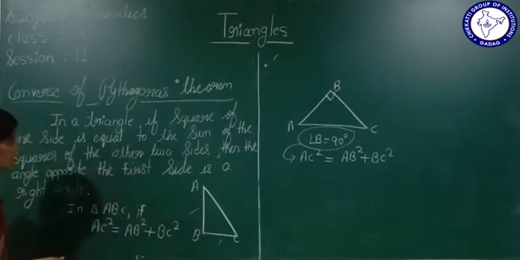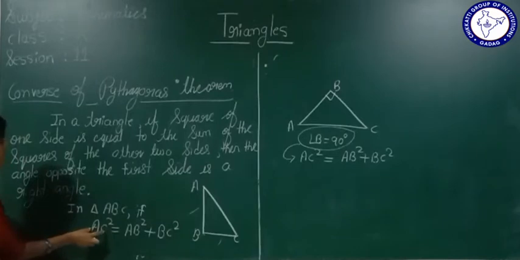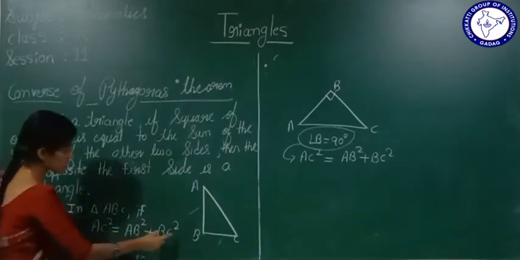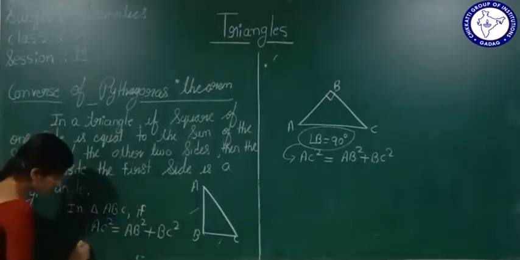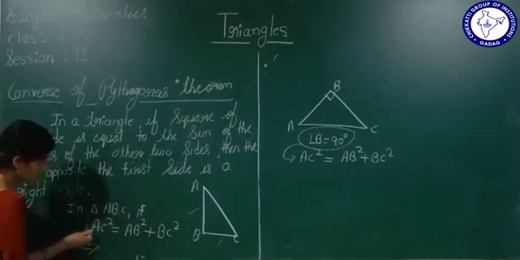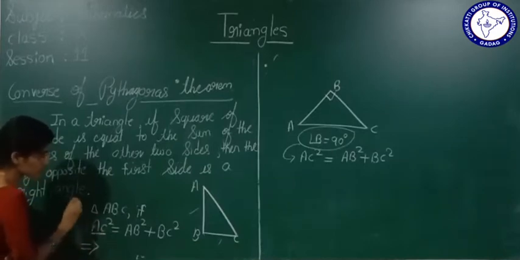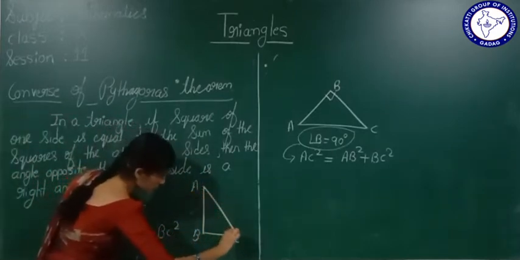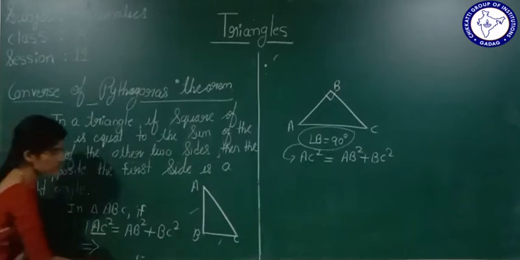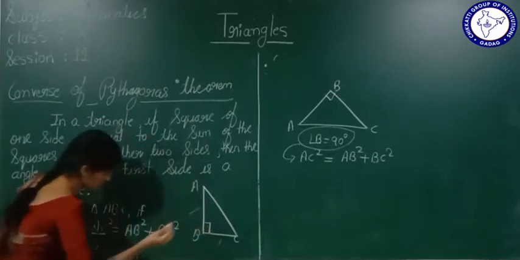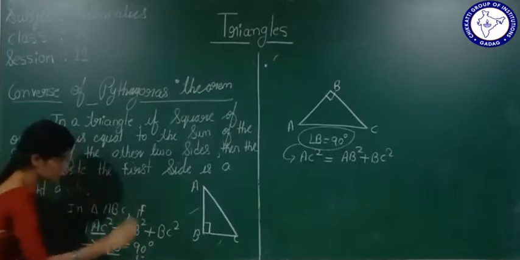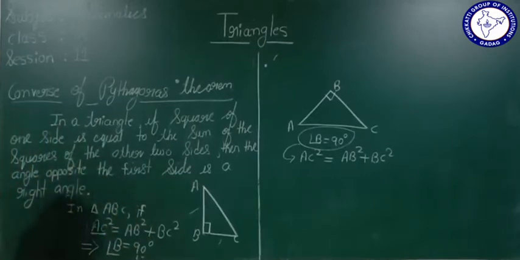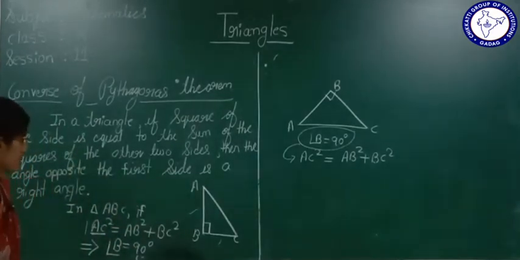If such a condition happens, then the angle opposite to the side AC, that is angle B, is going to be 90 degrees. This is nothing but the converse of Pythagoras theorem.